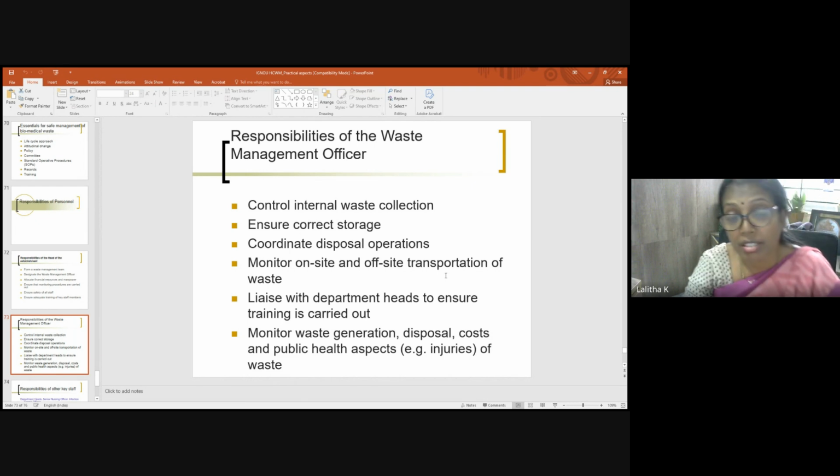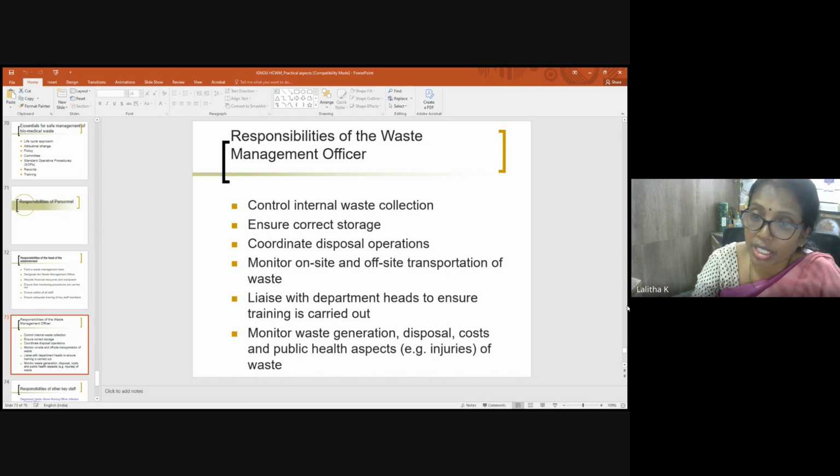We are just their proxy for our management. So our responsibility is not that we give it and it's their responsibility, and I have nothing to do with it. If they are not doing it properly, it's our responsibility to see that they do it properly or report to the pollution control board. And also the waste management officer can liaise with department heads and ensure training is carried out and monitor periodically the waste generation, disposal, cost, and public health aspects.